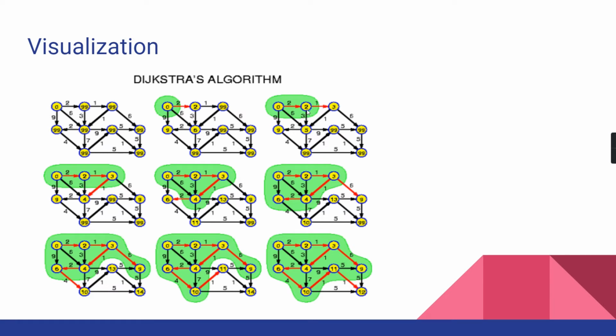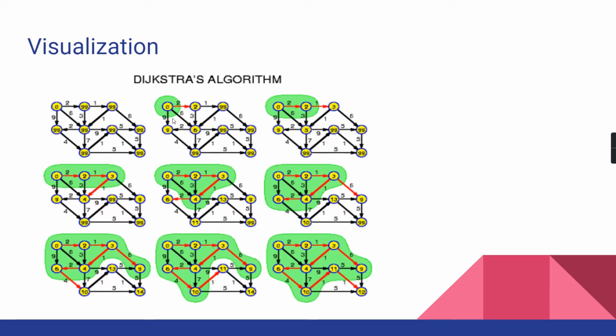Here we're going to look at all the nodes connected to this vertex, and that's going to be this vertex and this vertex. The edge weight to here is 1, so the distance from the source to this vertex would be 3. The edge weight from here to this one is 3, so the distance from the source to this vertex is going to be 5. Between the two of them, the distance that is 3 is shorter.